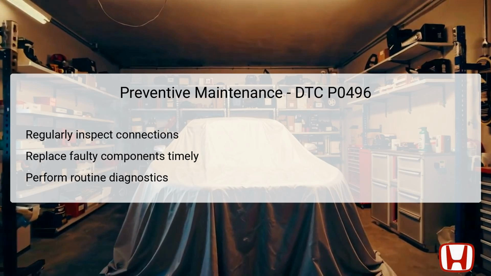Timely replacement of any faulty components can also help maintain the integrity of the EVAP system, reducing the risk of high purge flow conditions. Furthermore, performing routine diagnostic evaluations with tools like the HDS will ensure that the vehicle systems are operating within their expected parameters, allowing for early identification of abnormalities.